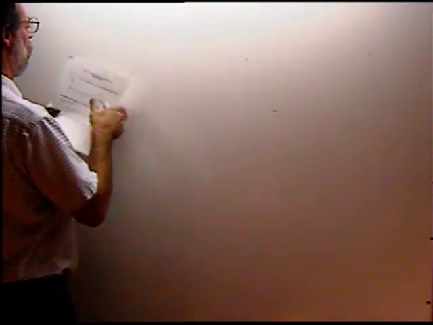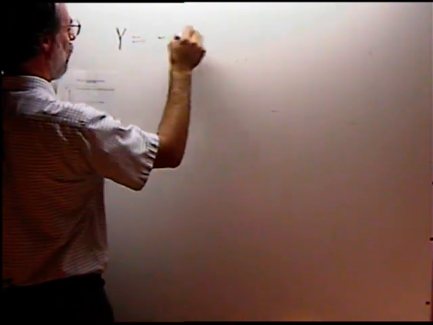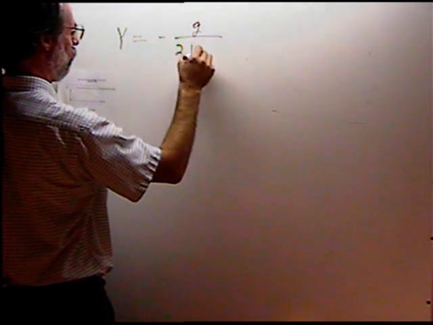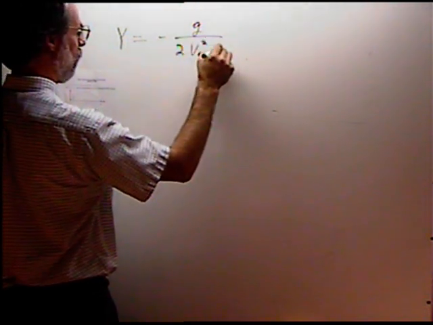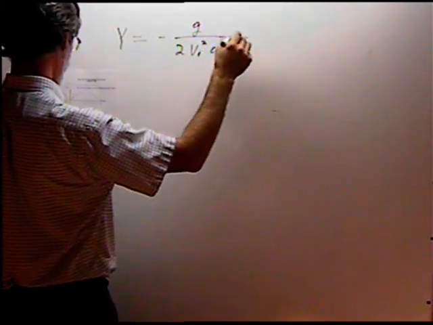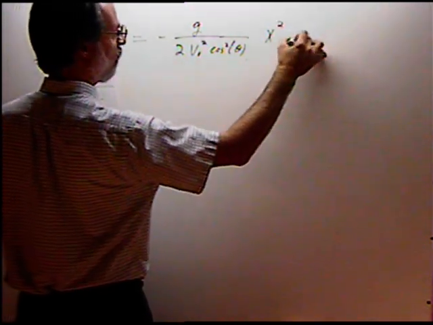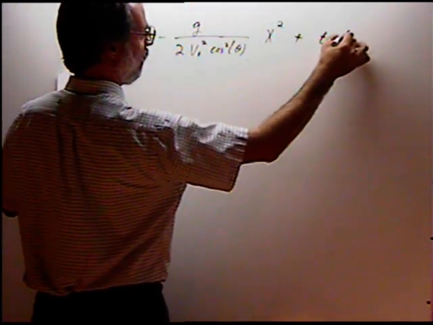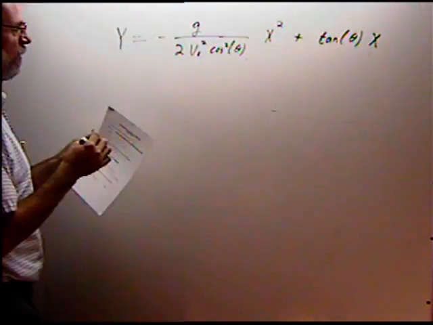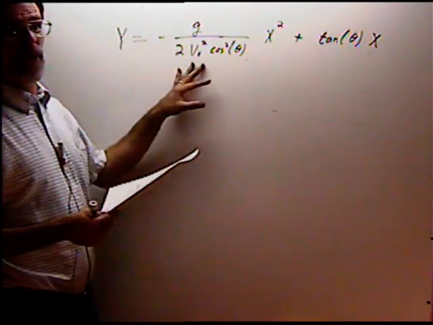I will write the equation here. y equals minus g over 2 times the initial velocity squared times cosine squared of theta, all of that times x squared, plus tangent of the angle times x. Now, part A is to derive this equation.